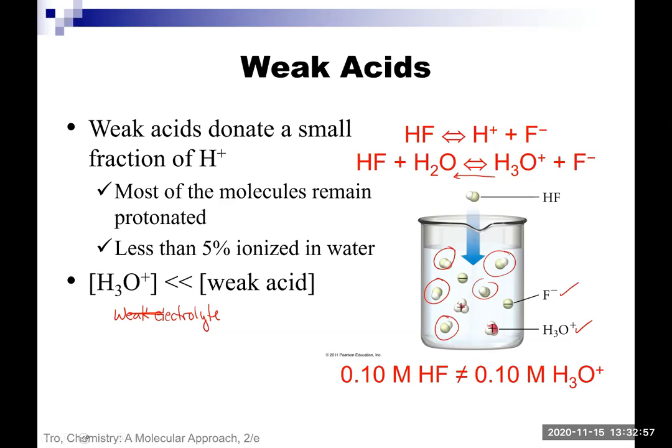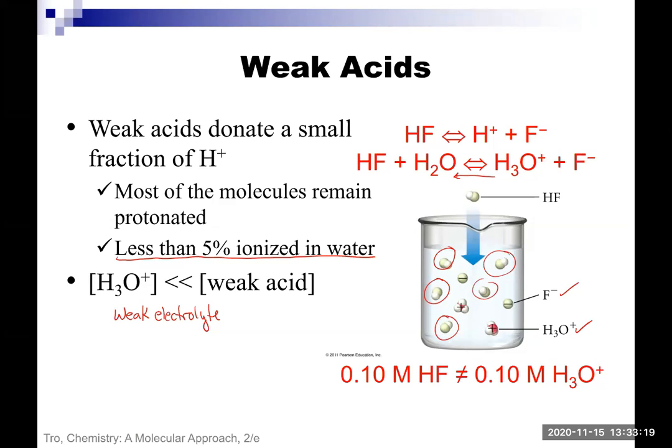I believe you had acetic acid that you looked at, which is another weak acid because it's not one of the 6 that you had to memorize. And so acetic acid is also a weak electrolyte. Again, less than 5% is ionized.